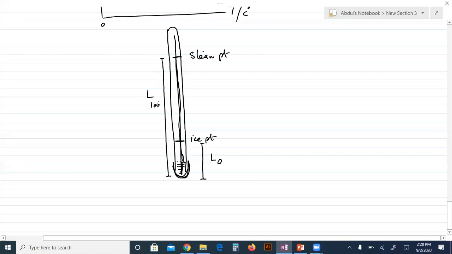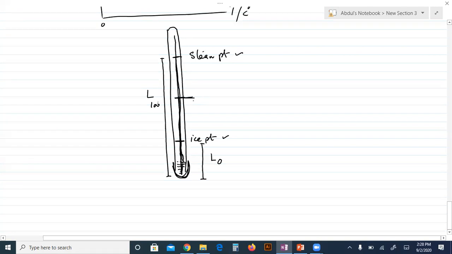Now this thermometer is placed in a cup of coffee. The temperature of the coffee is greater than the ice point but smaller than the steam point. So suppose the thermometer liquid, mercury or alcohol, is here for the coffee. This is the level of the liquid in the thermometer for the coffee.